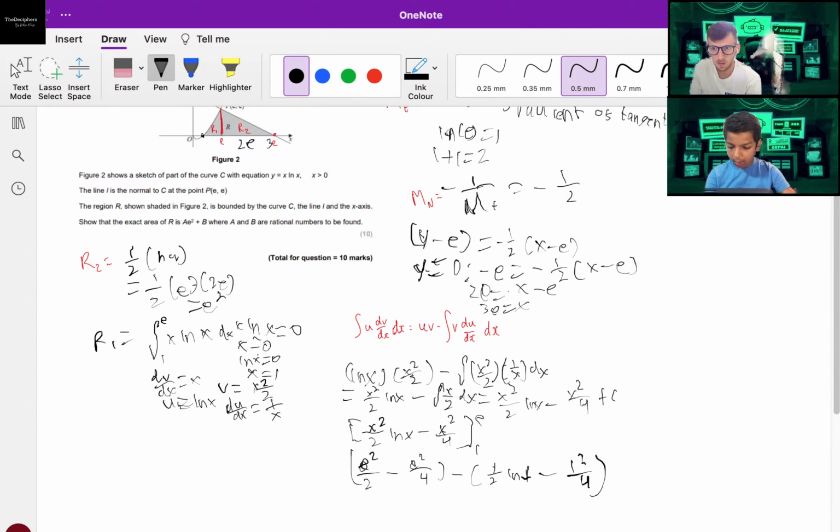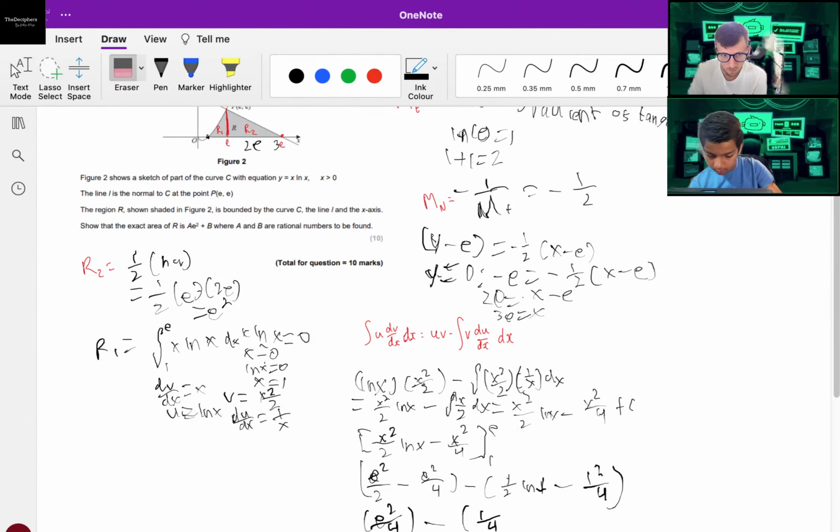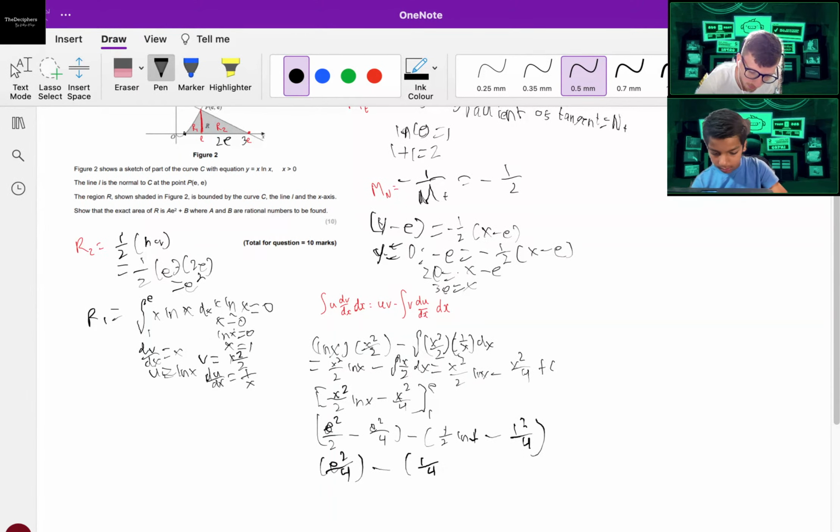So then that is E squared over 4 minus just 1 squared over 4, which is just 1 over 4. Remember, this is all we're working out here is the area R1. So then that is a quarter E squared minus a quarter.